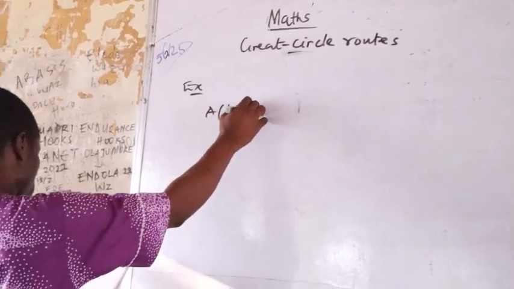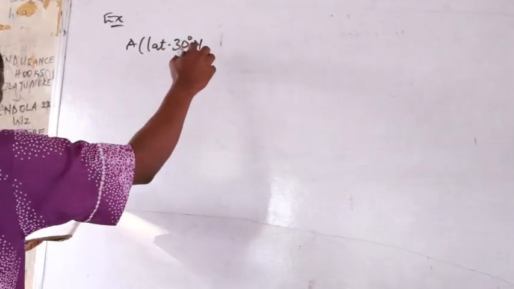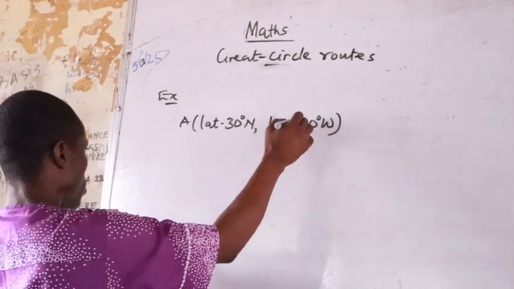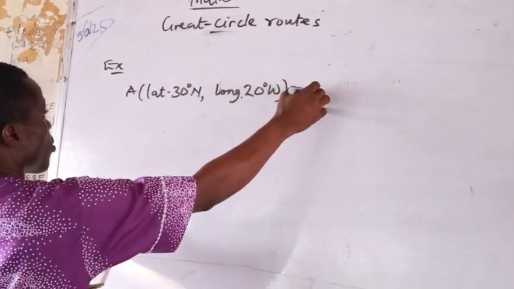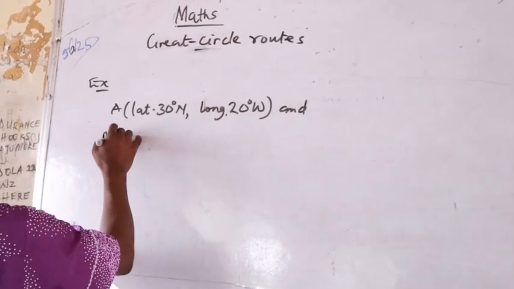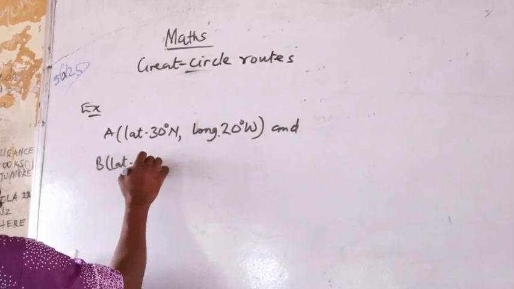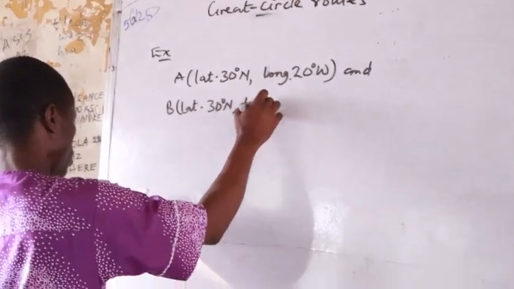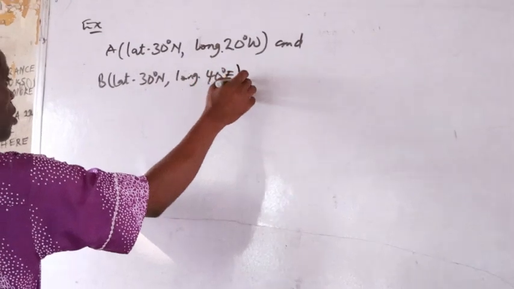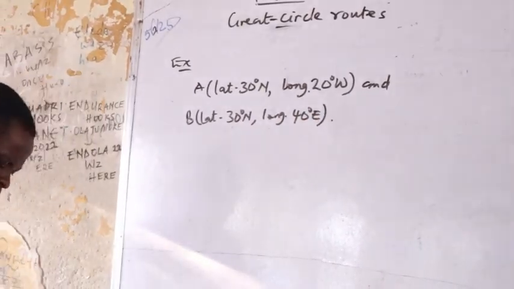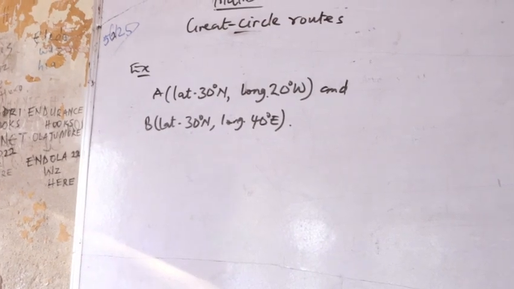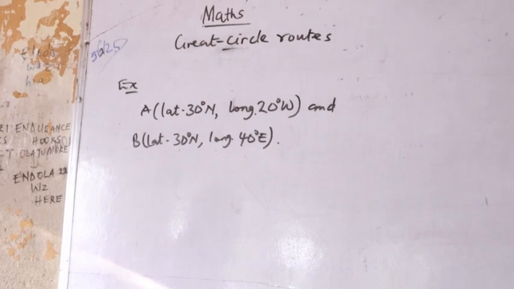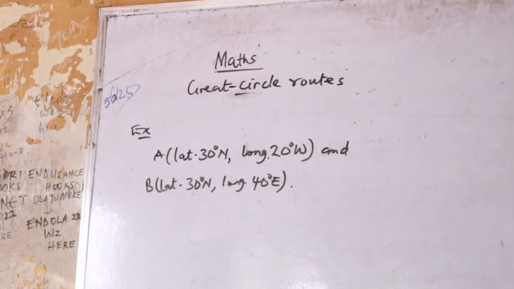A: lat 30 degrees north, long 20 degrees west, and B: lat 30 degrees north, long 40 degrees east, are two positions on the Earth's surface.